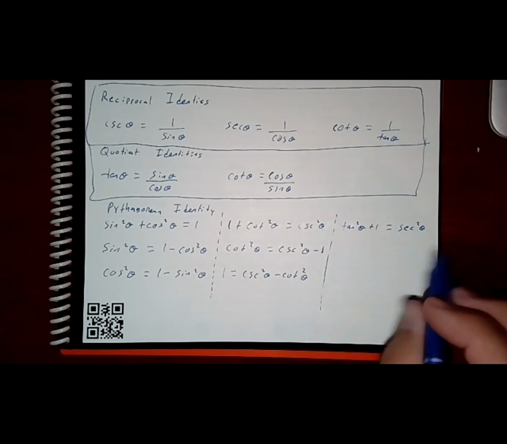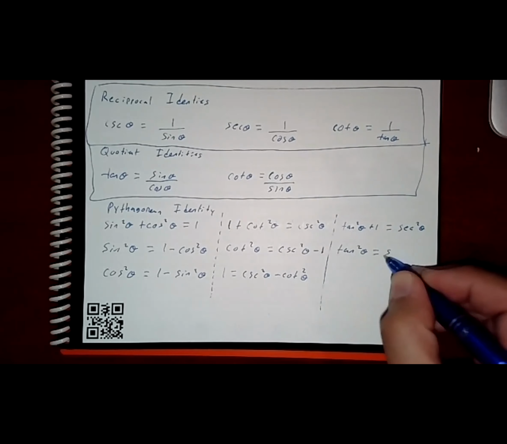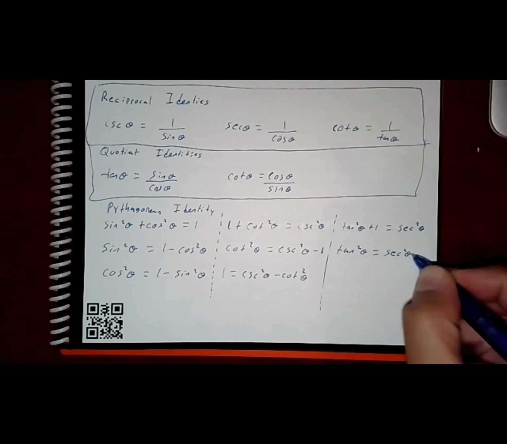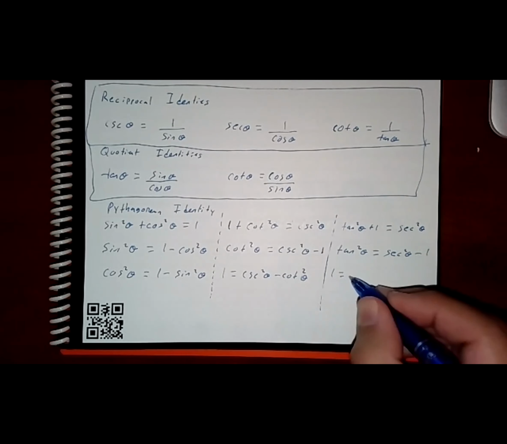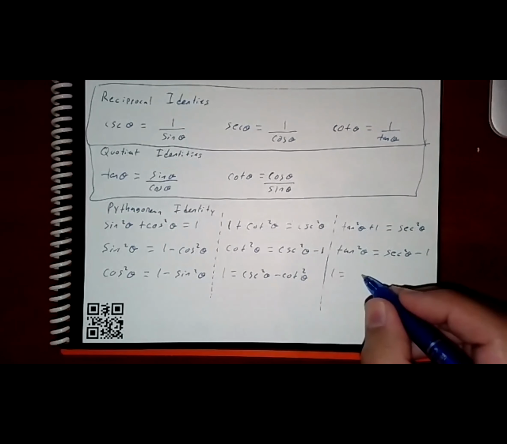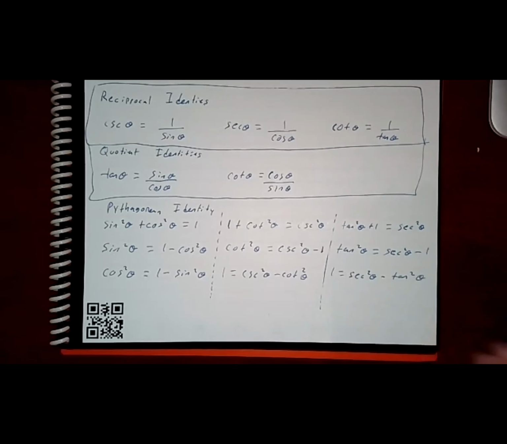Now move this around and you can create two more formulas with algebra. That'll give us tangent squared theta equal to secant squared theta minus 1. Move the tangent, that'll give us 1 equal to secant squared theta minus tangent squared theta.